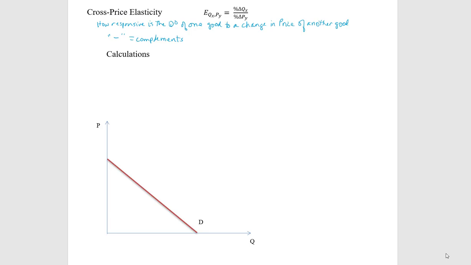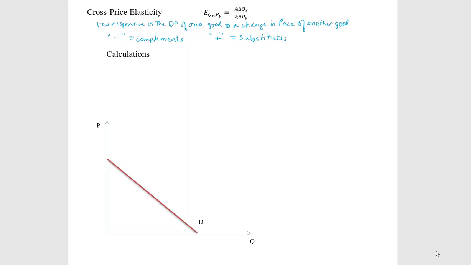Remember, the consumption of those two goods move together. So if the price of the one good gets more expensive, they're going to consume less of that good. That means they're also going to consume less of this current good because those two things are consumed as complements. If it's positive, then those two goods are substitutes. So if the price of apples goes up, I consume more bananas.